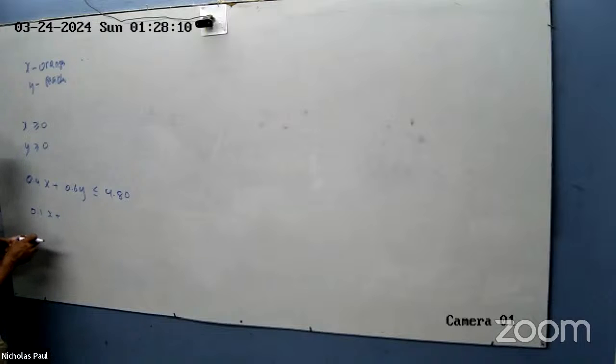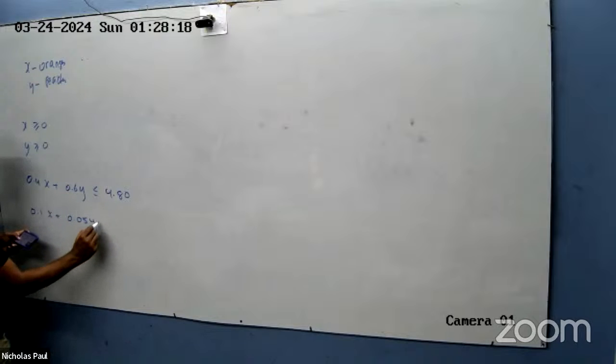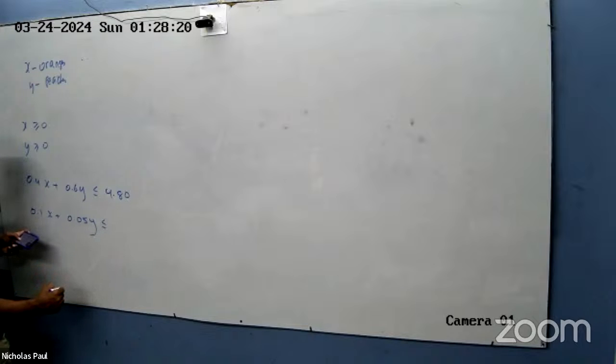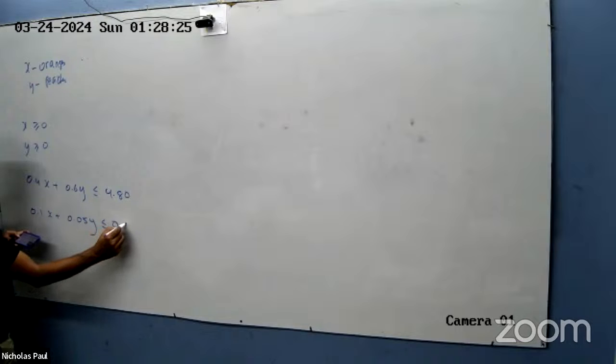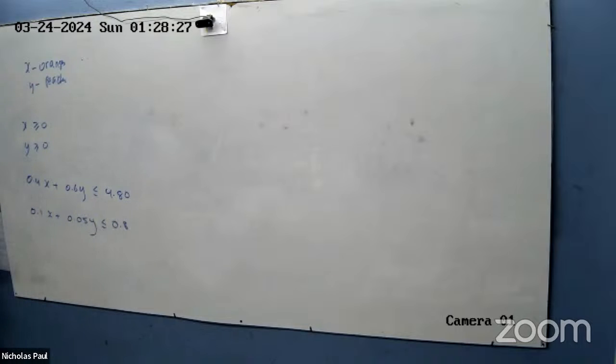And what's the next one? 50 grams, so that's 0.05 Y. It's less than or equal to no more than 8 kilograms, so 0.8. So those are your 4 inequalities. Yeah, 1, 2, 3, 4.